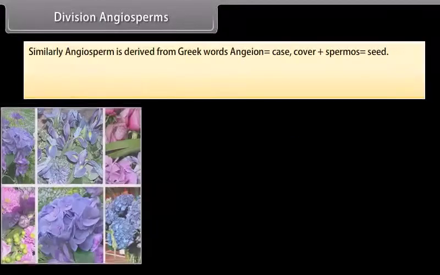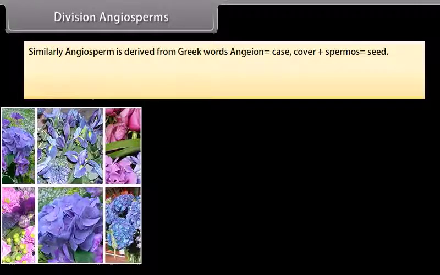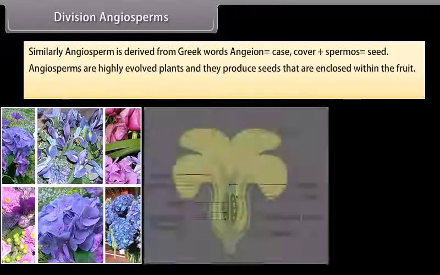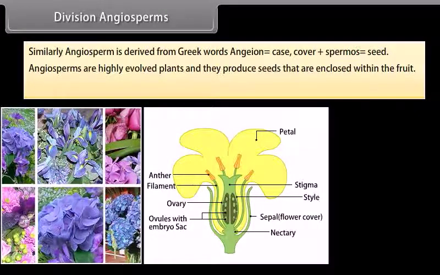Division Angiosperms. Similarly, angiosperm is derived from the Greek words angion, case or cover, plus spermos, seed. Angiosperms are highly evolved plants and they produce seeds that are enclosed within the fruit.